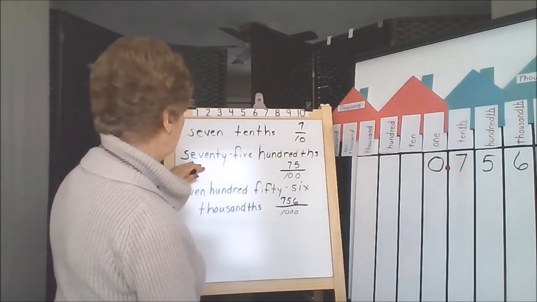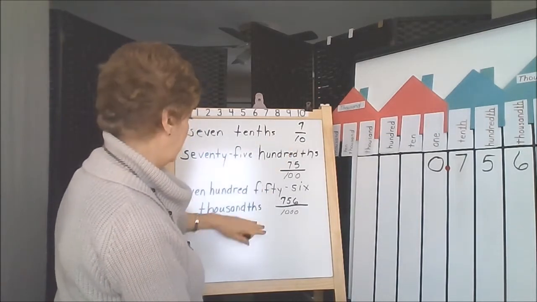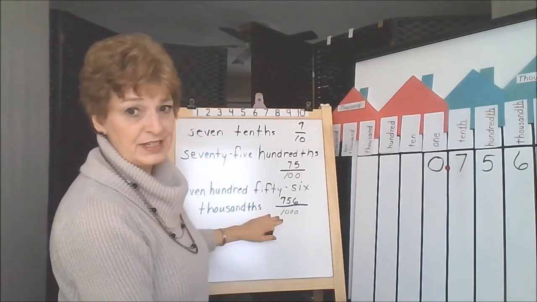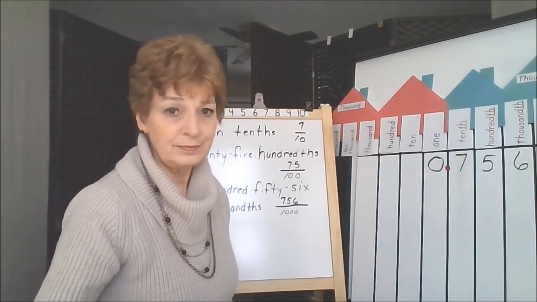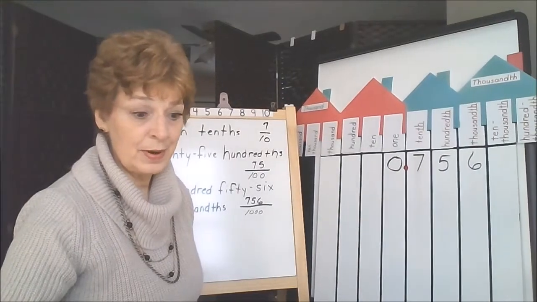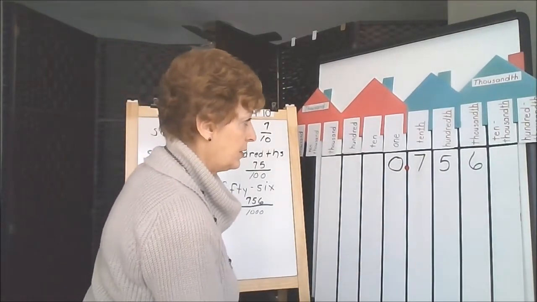7 tenths, 75 hundredths, 756 thousandths. You can imagine if another number went on to that, perhaps we'll use a 3.